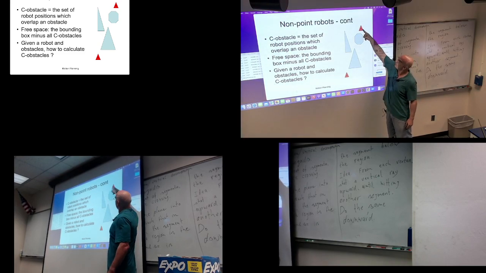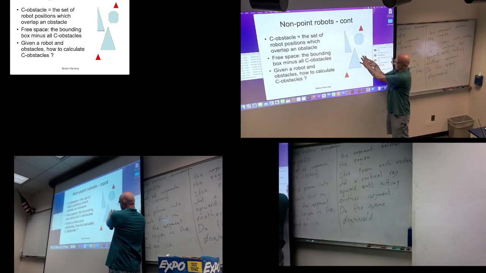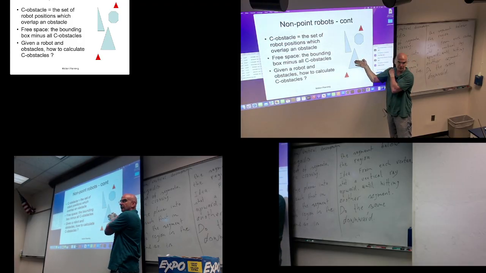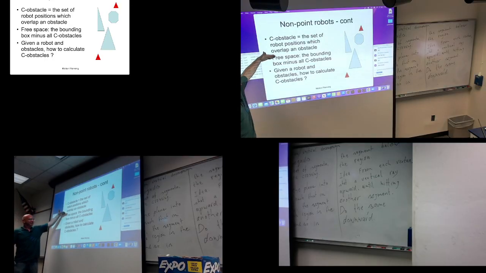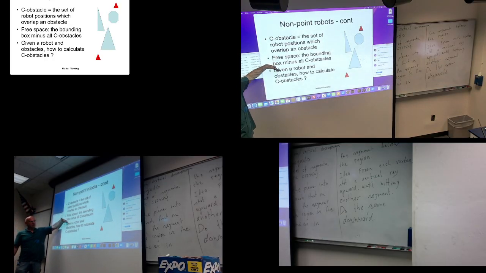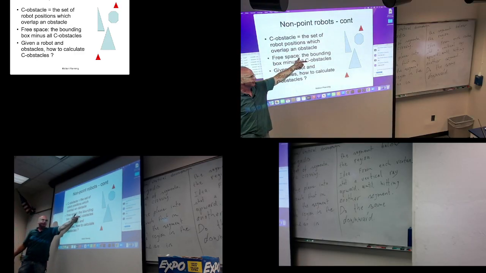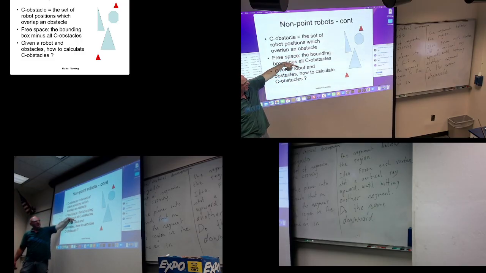I need to tell you what is the forbidden region that causes the robot to intersect one of the obstacles. So the free space would be the bounding box, or the box that somehow encloses everything, minus all the forbidden space. This sentence is a bit too complicated. Every place where the robot does not intersect any obstacle is legit.